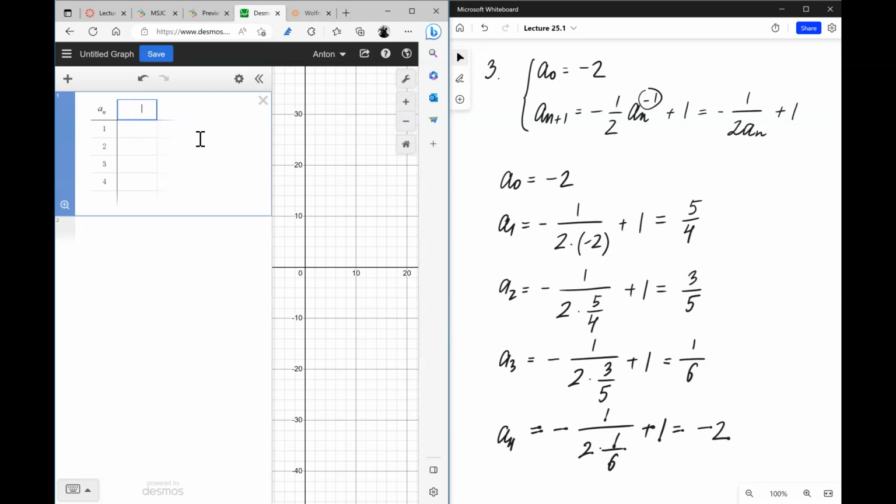So if this is my nth term, then the next one will be -1/2 a sub n, the reciprocal of it, so it's here, plus 1, and if nth term is -2, then we have 1.25. So if this term is 1.25, we kind of have to manually run this to see what happens.